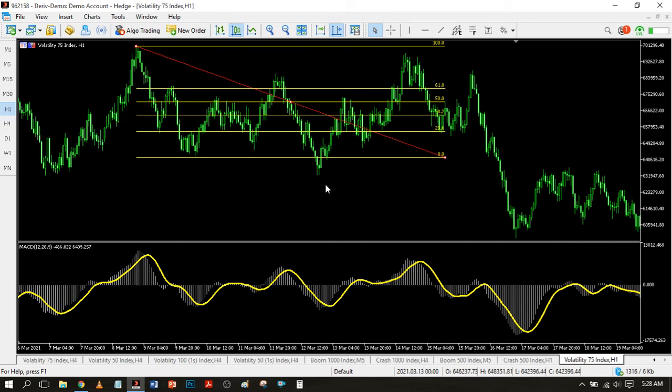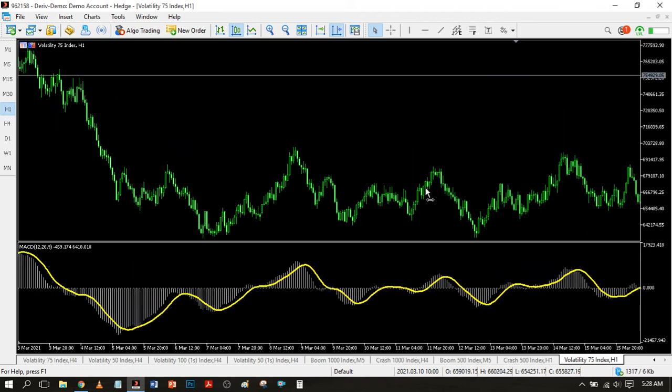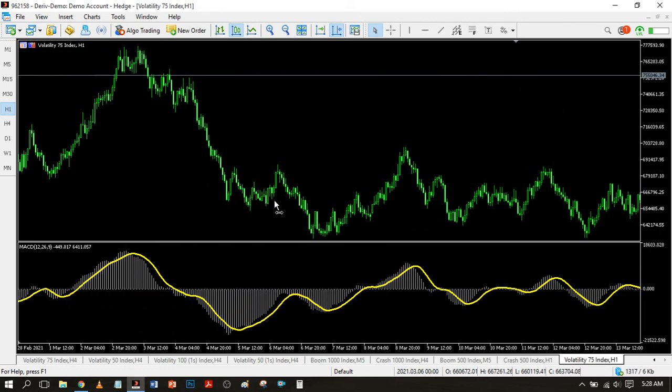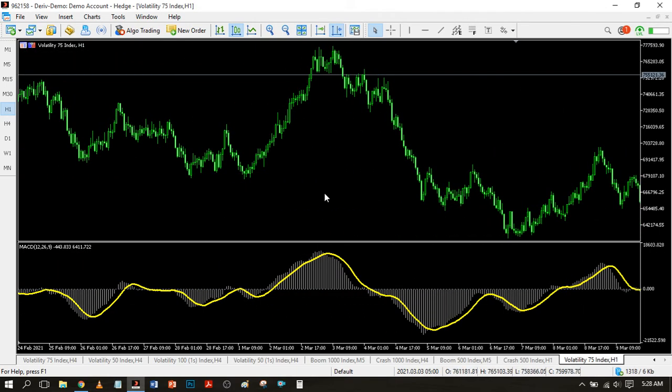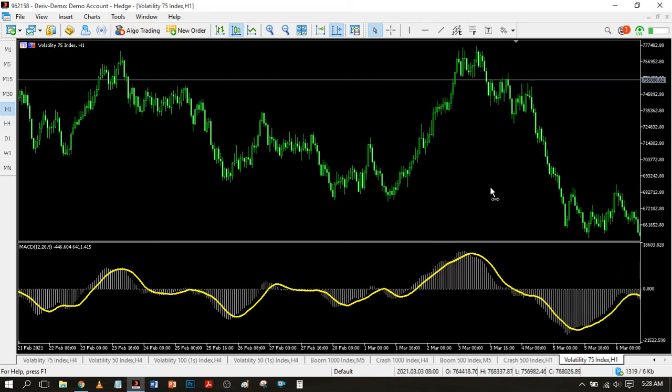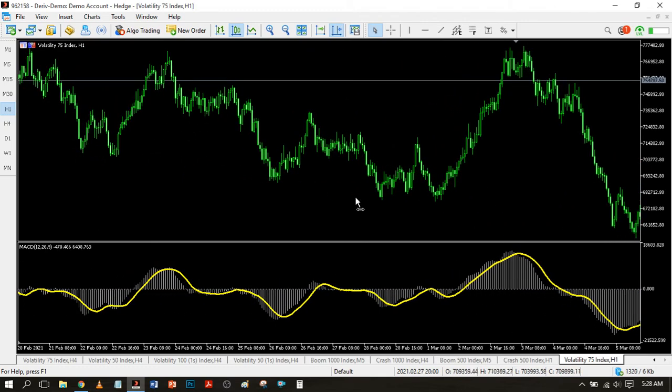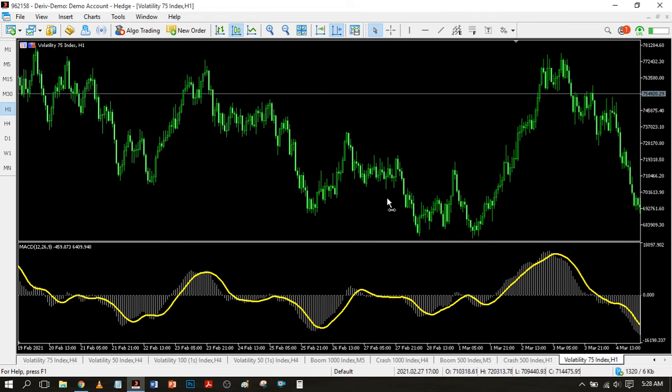So let's just look for one more example so that you can understand how this strategy really works. And do not forget, you're only concerned about your golden ratio, your golden rule, your golden levels.